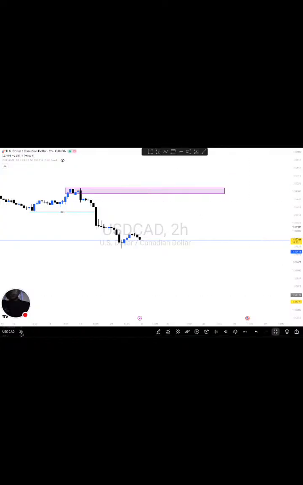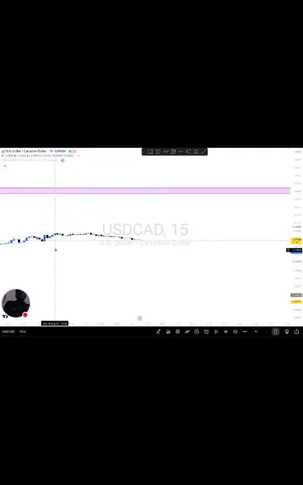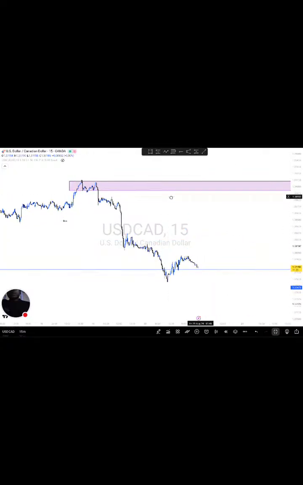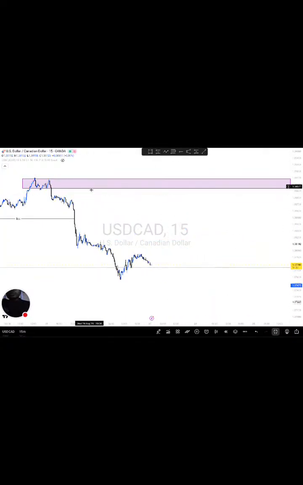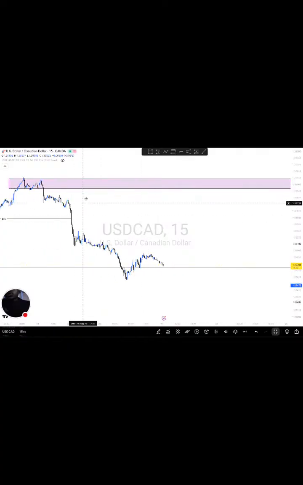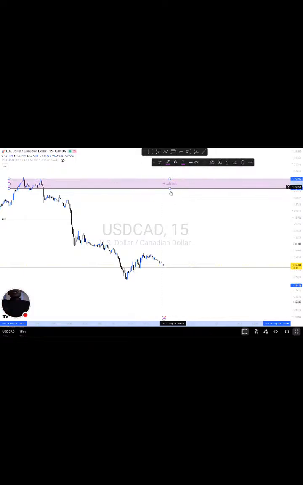Now I have to come down to the 15-minute time frame. The 15-minute time frame is where I do my aggressive entry and I do my confirmation entry at the 3 minute or 5 minute time frame. So coming down to the 15-minute time frame, then I have to adjust. You can see I will mark this place as my POI.